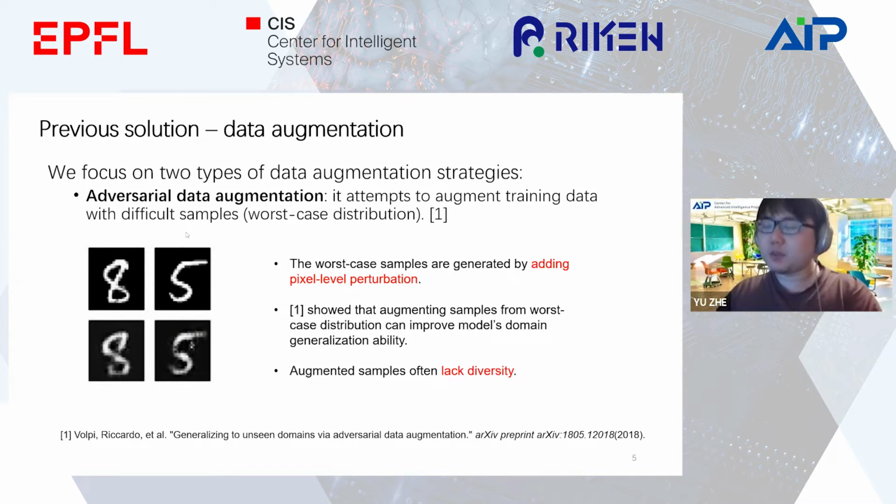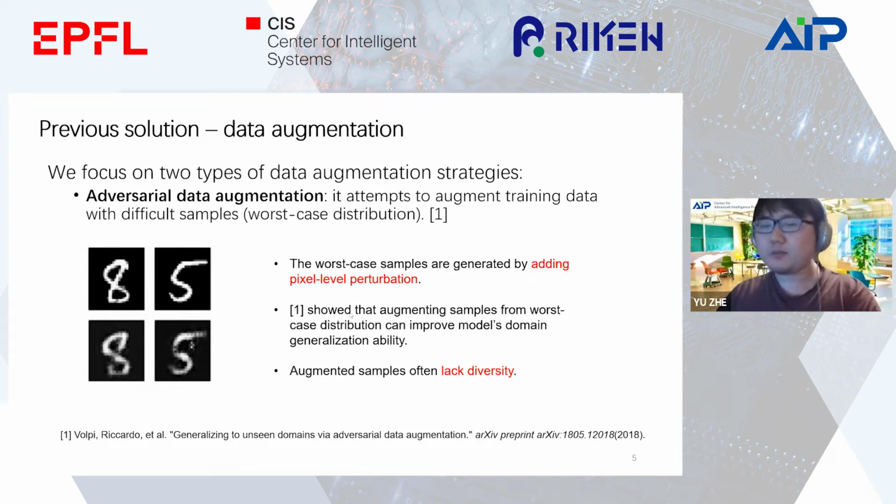Usually, previous work used pixel-level perturbations to generate the worst-case samples, very much like an adversarial attack.